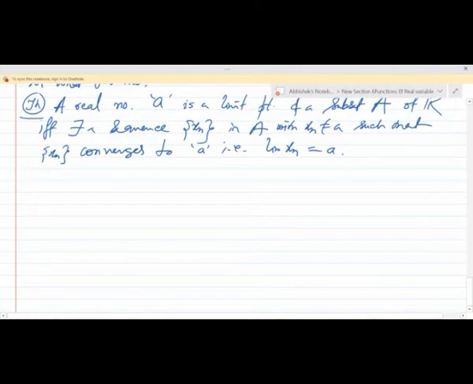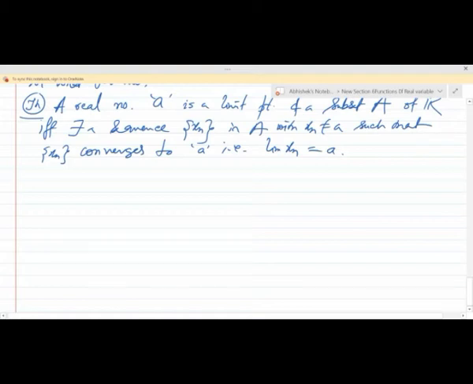Now, since the sequence is in the given set and the set is finite, it leads to a contradiction, because you have a sequence which is an infinite set if you think of the image of the sequence, and that sequence lies in the finite set, which is a contradiction.